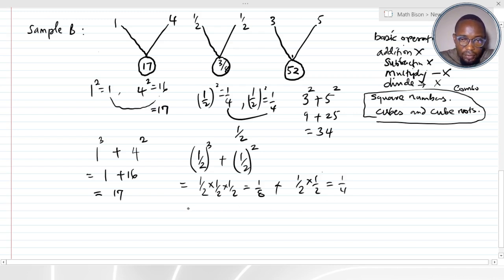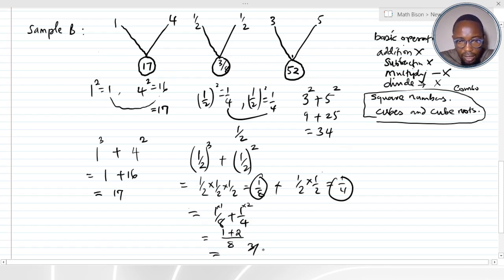So let's check if the two answers from here and there can give us what we are looking for. So 1 over 8 plus 1 over 4, you should have 8. 1 times 1, which is 1, plus 4 here is 2. Then what's that? 2. And your final answer should be having 3 over 8.